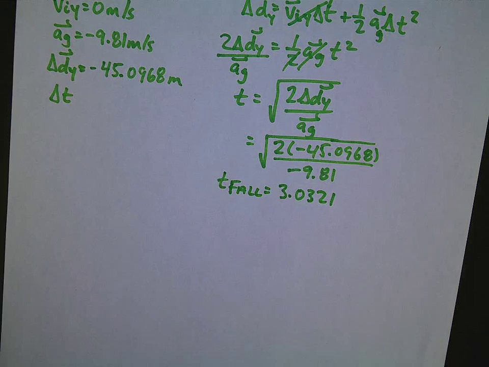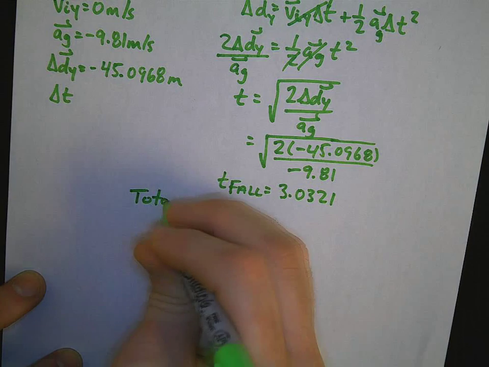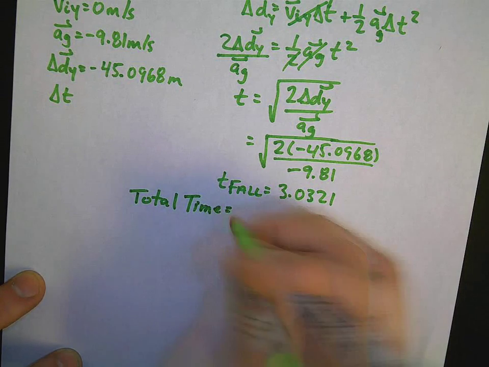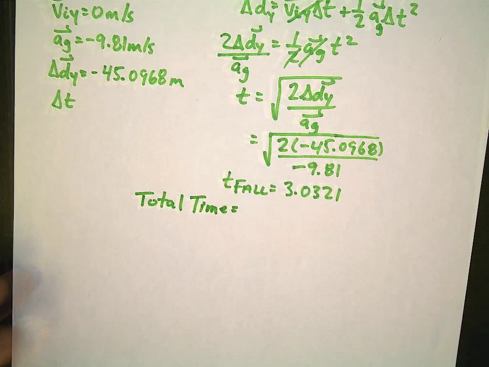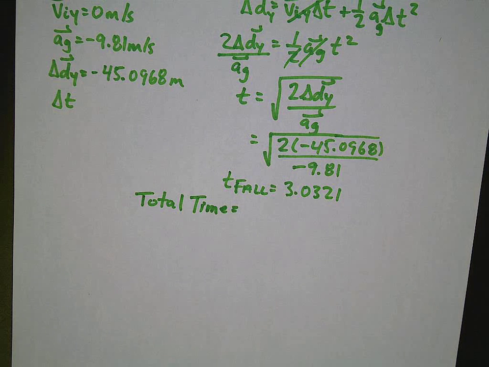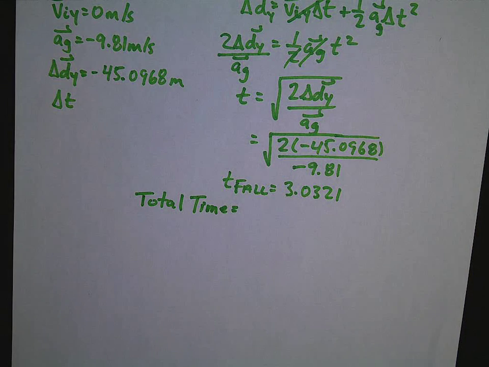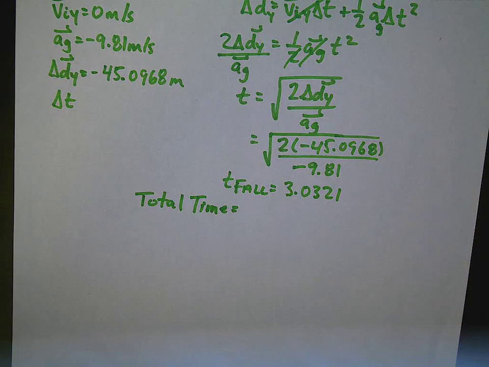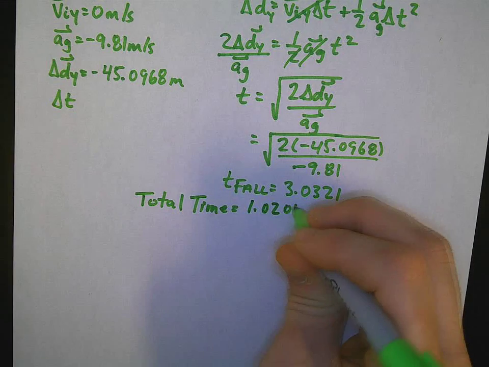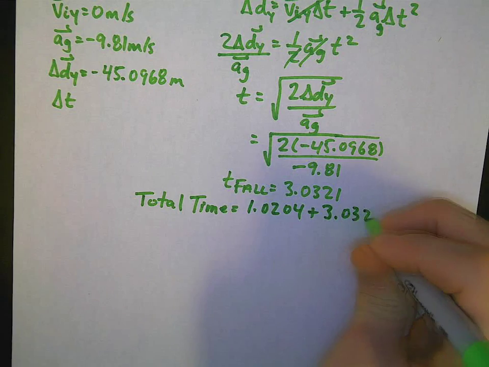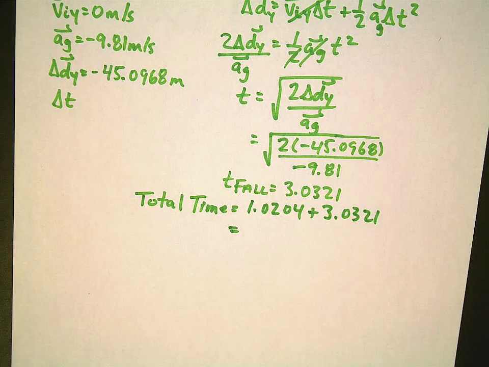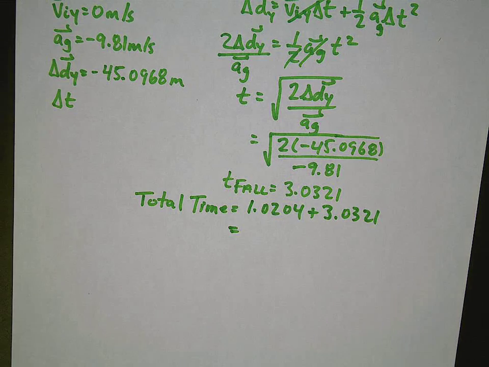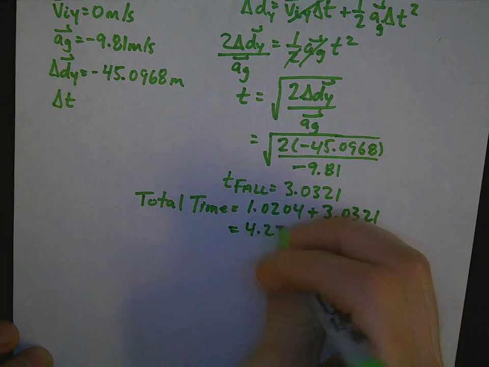So my total time will be 1.0204 add 3.0321 together, and you get 4.2212, 2 significant digits.